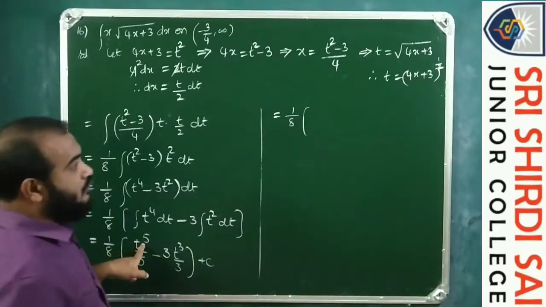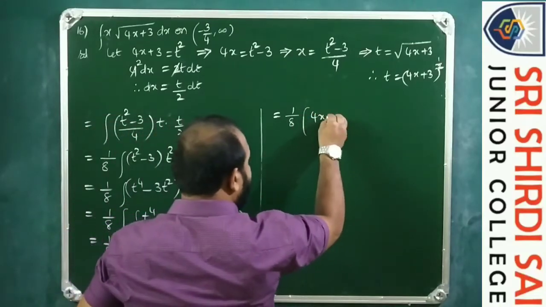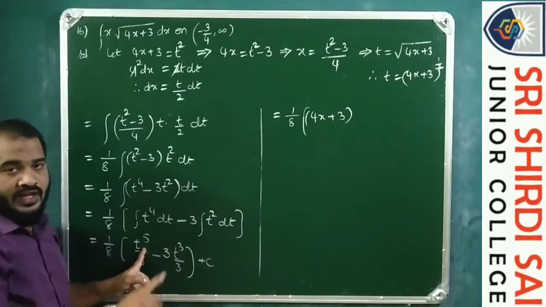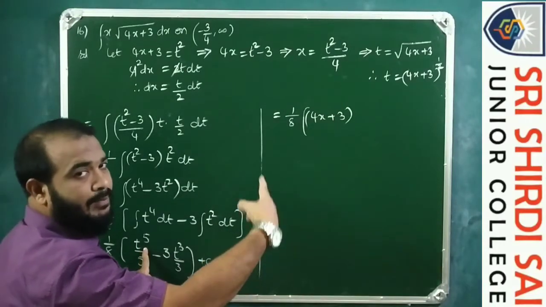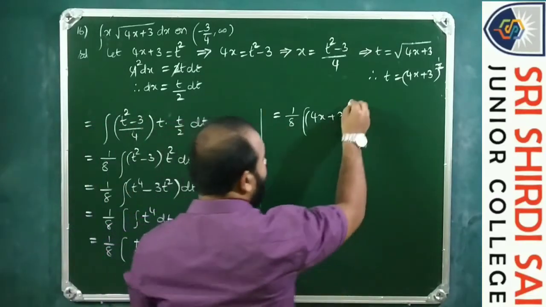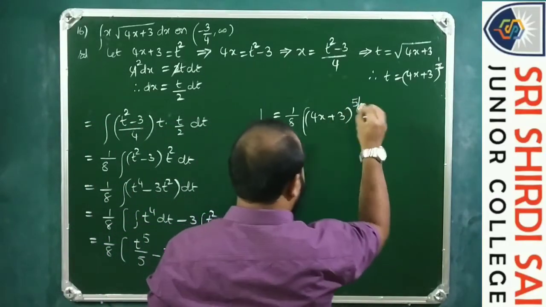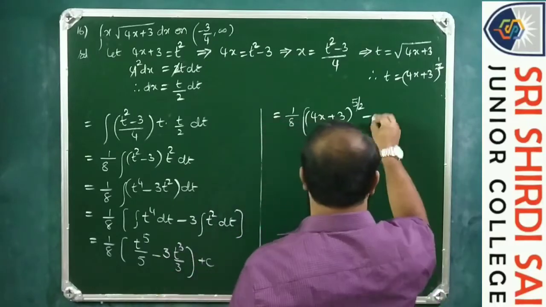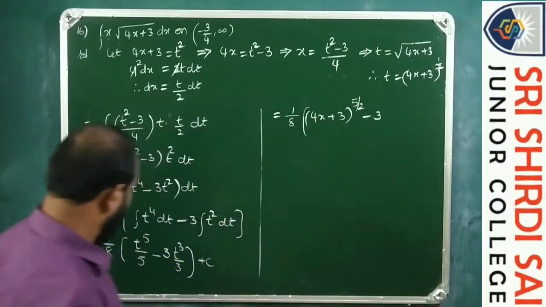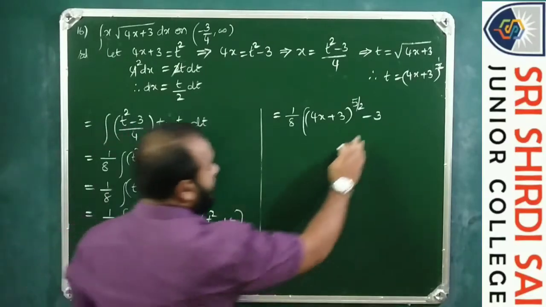So this t is equal to how much now? 4x plus 3 whole power 1 by 2 whole power 5. A power m whole power n, a power mn. So whole power 5 whole power 1 by 2. So 5 by 2 minus this is 3 into, this 3 gets cancelled here.